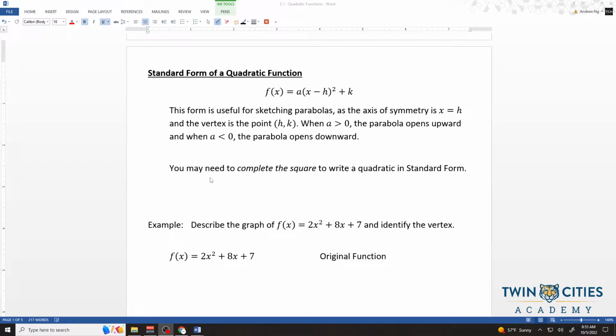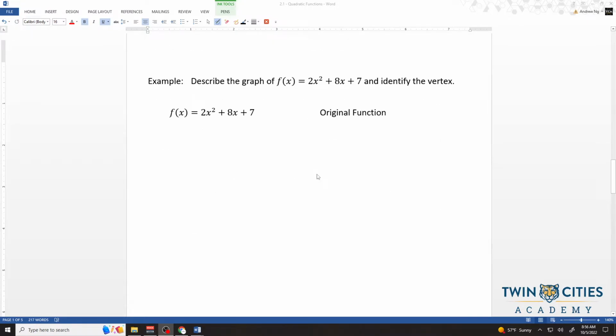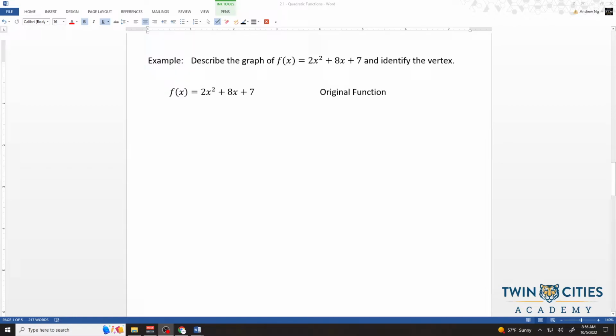Now you may need to complete the square. This is something that we did in an earlier class to write the quadratic in standard form. Let's do an example of that. Describe the graph of f of x equals 2x squared plus 8x plus 7 and identify the vertex.